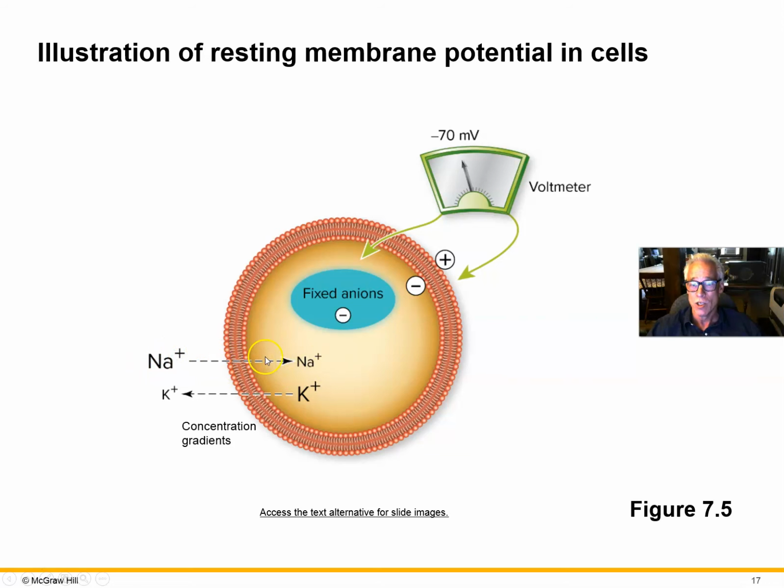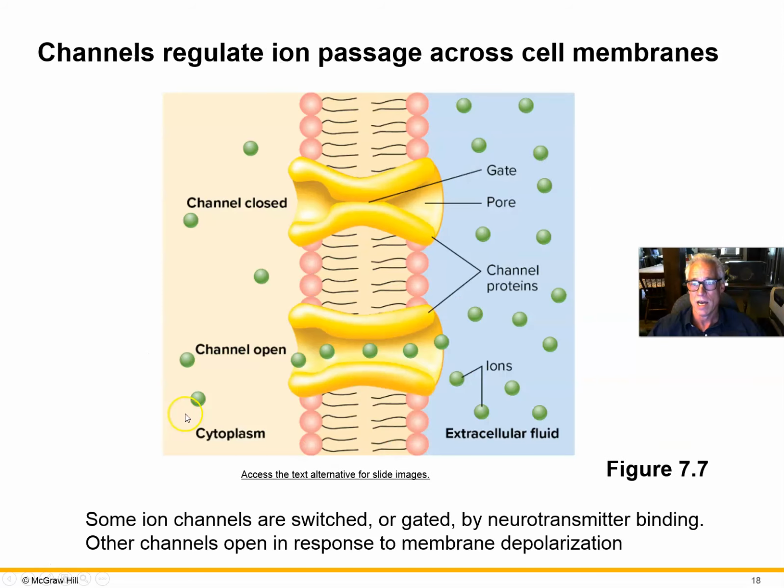If we were to open the doors, those ions would rush into the cell, just like the crowd rushing into the venue to get a good seat courtside to see the game. And if we opened the door for potassium, potassium ions would rush out through that doorway because they're crowded on the inside and they're pushing their way out. So that's the way to think about those concentration gradients. They can drive the movement or diffusion of ions. So that's our resting conditions.